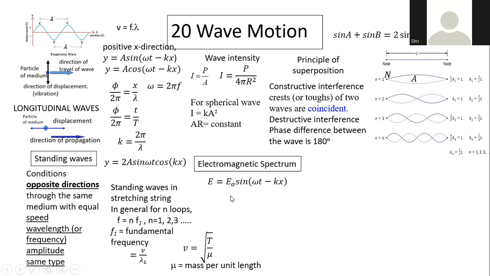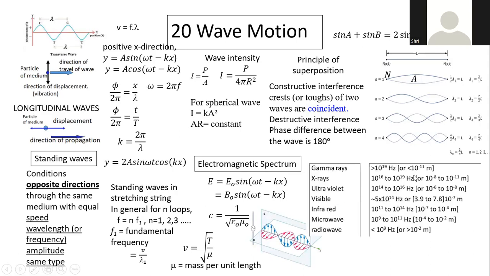And then the equation for an electromagnetic wave in terms of electric field or magnetic field traveling in the positive x direction. C is just 1 over the square root of mu naught epsilon naught. That's the electromagnetic wave. And this is your electromagnetic spectrum. Maybe memorize the first thing here.